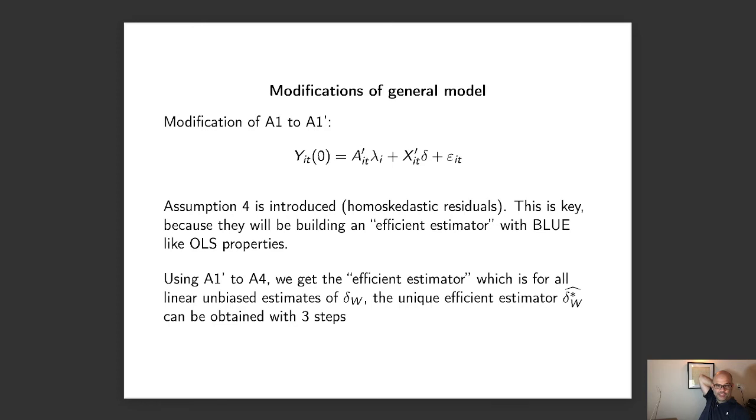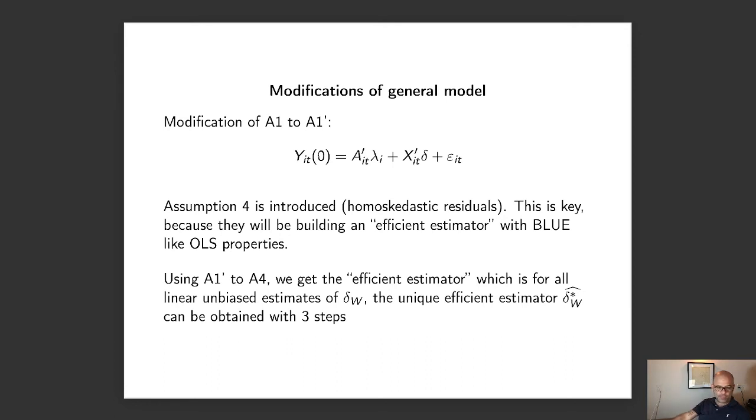and they're going to change that slightly, and they're going to now have this assumption for homoscedastic residuals. And the reason they're doing this is because now they're introducing this efficiency property with their estimator. So now we're going to have 4 assumptions, A1 prime to A4, and I believe they're going to drop A3.